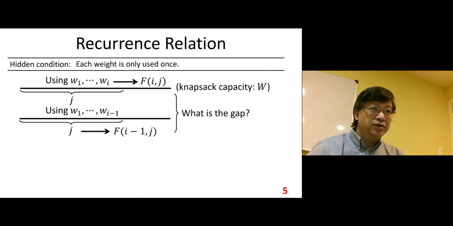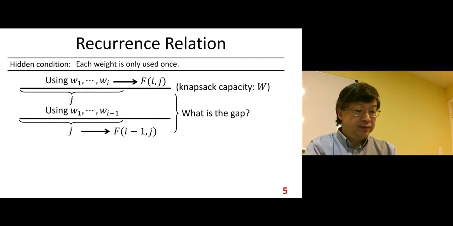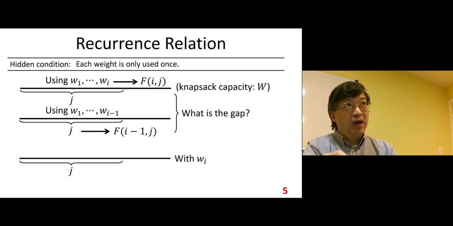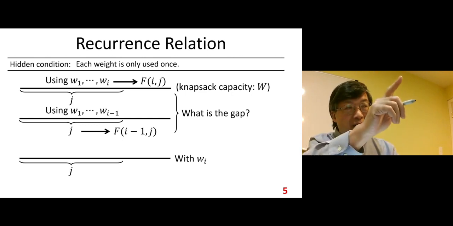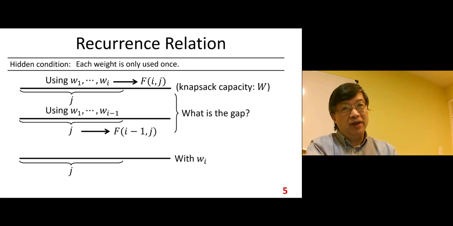Now, the recurrence relation part. With Wi, what do we get? If we use Wi, we can only use it once. After you use this Wi, you do not have a chance to use it again.